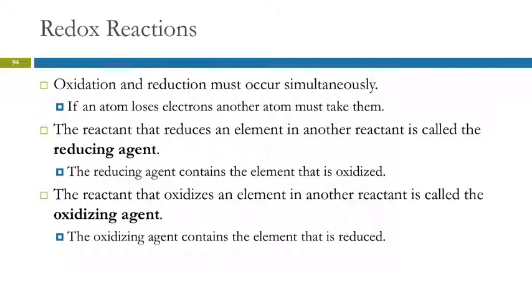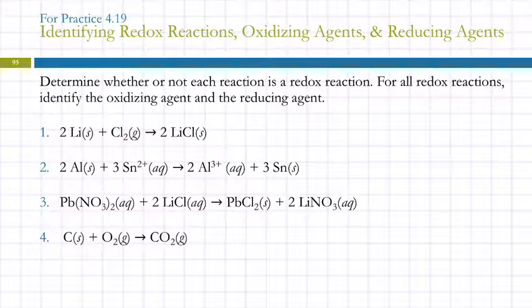The reducing agent arranges for something to be reduced. The oxidizing agent arranges for something to be oxidized. That make sense? The oxidizing agent does not get oxidized. It causes something else to be oxidized. So there's an opposite business going on.